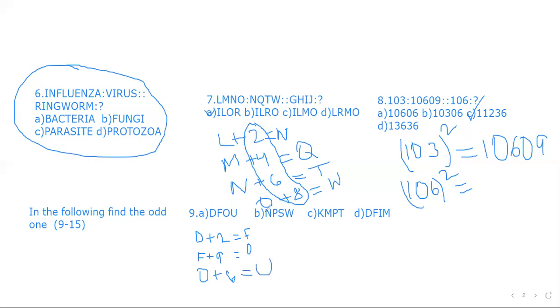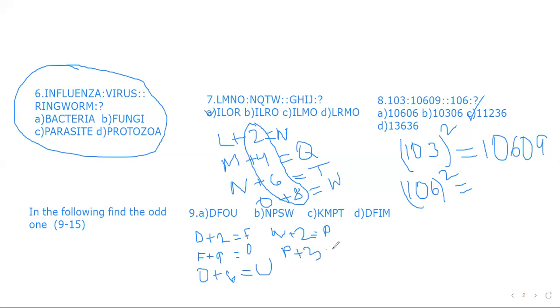So let me check here. N to P. N, if I add O, P, means plus 2, I will reach P. So this is okay. Now P to S. Q, R, S means plus 3.